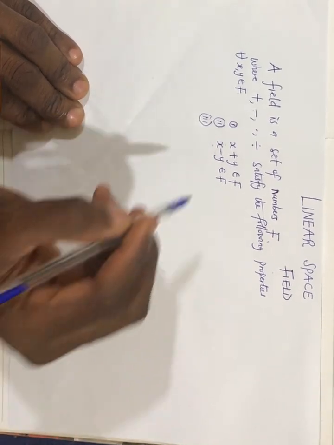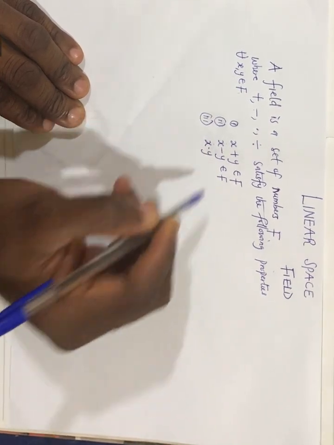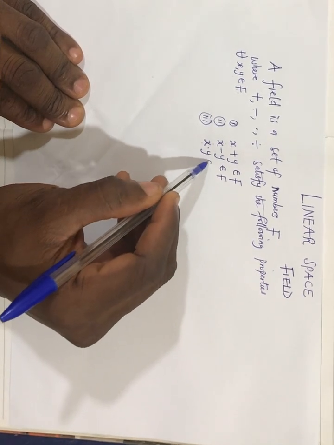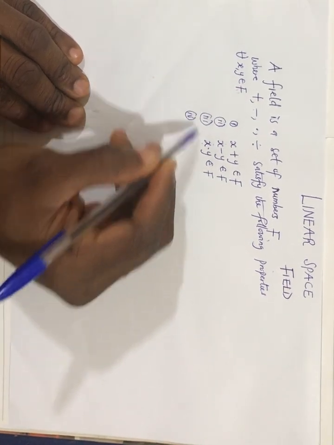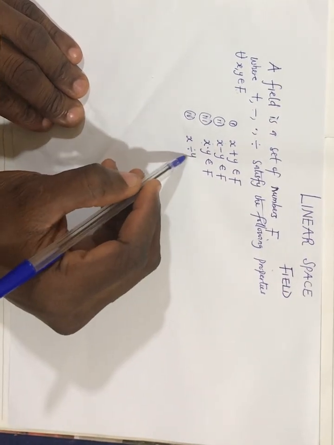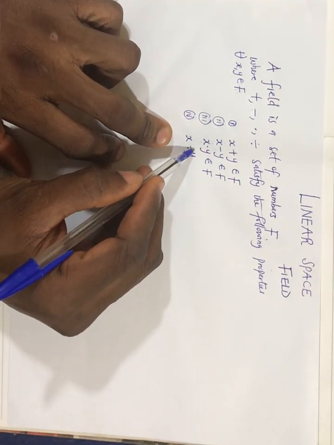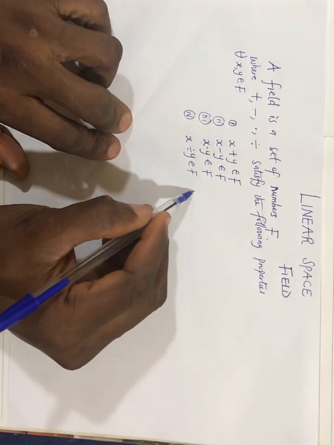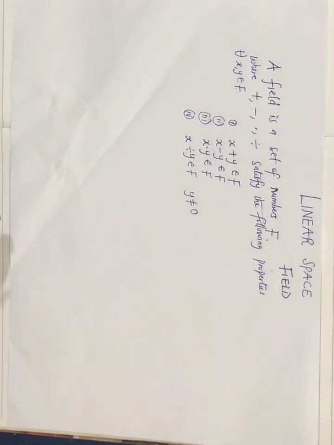Third, if the multiplicative operation comes in between two elements of F, the result is also an element of F. And if the divisive operation comes in between two elements of F, the result of this operation becomes an element of F. But note that y is not going to be 0, because division by 0 is not defined in mathematics.